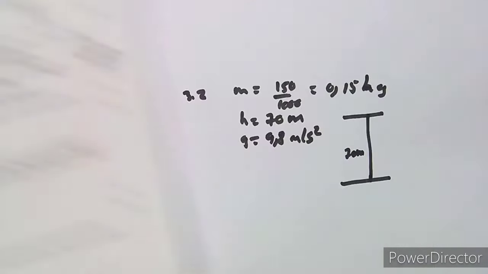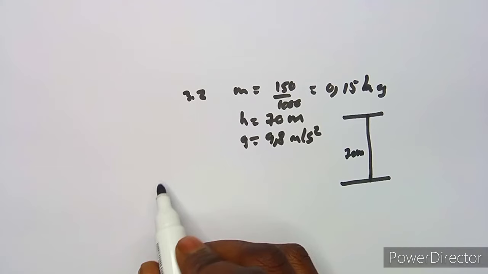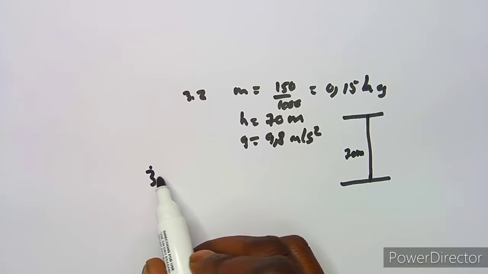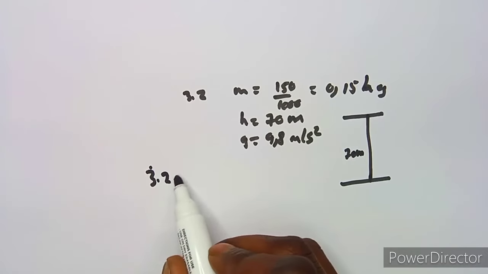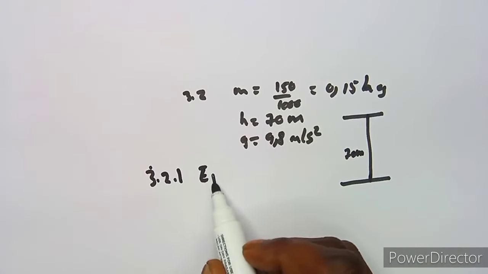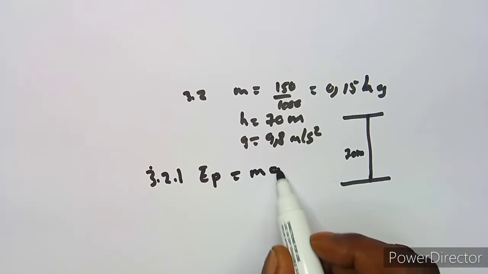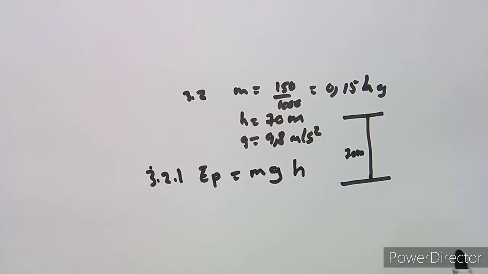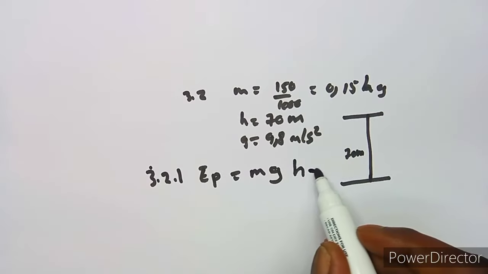So that one is simply going to be, remember, potential energy as mgh, but now because there is a height of 20 meters that has fallen, we are going to subtract that.